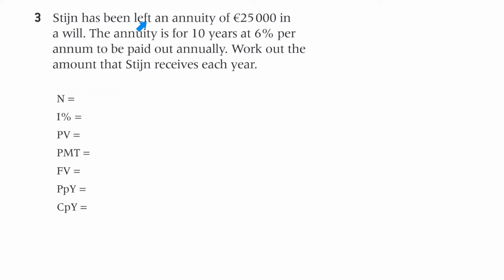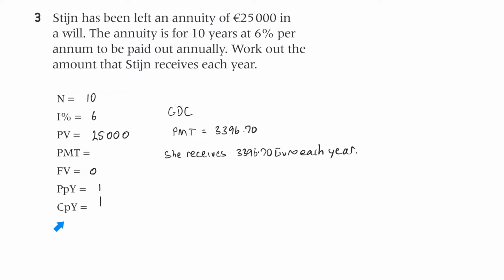Question 3, Stinge has been left an annuity of 25,000 euro in a will, and of course his nickname is Stingy. The annuity is for 10 years at 6% per annum to be paid out annually. Work out the amount that Stinge receives each year. So that's how it's listed in the calculator. It's 10 years, 6% per annum.